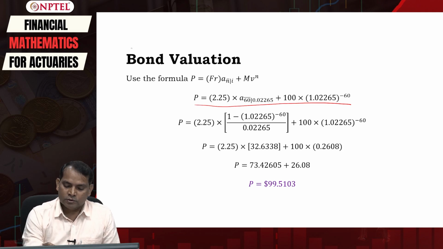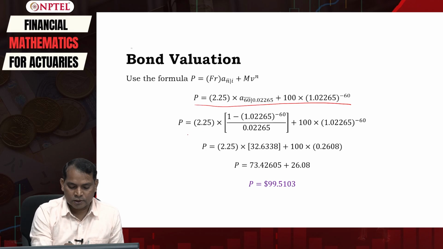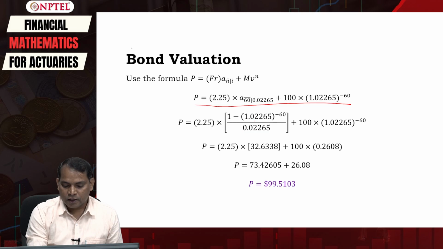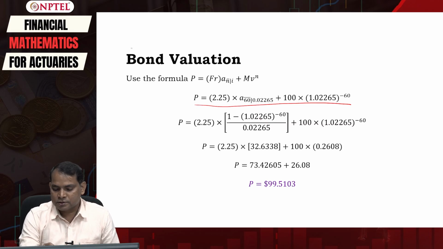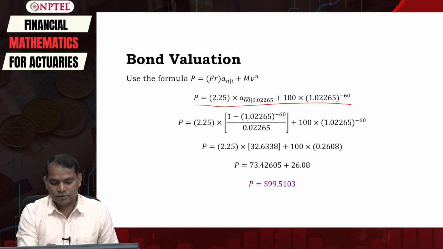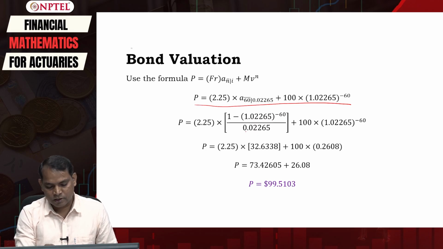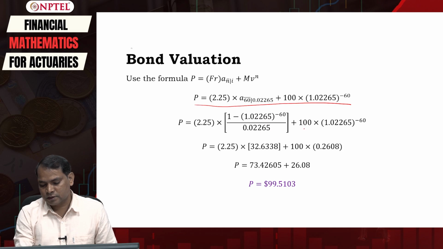Or to simplify it more clearly, using the formula for the present value interest factor for annuity, that is 1 minus (1 plus i) to the power minus 60, divided by i, that is 1 minus 1.02265 to the power minus 60 divided by 0.02265. And then this one is exactly the same thing I have written here.